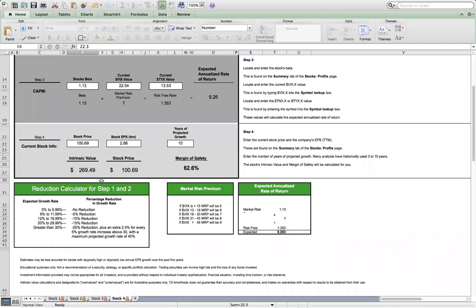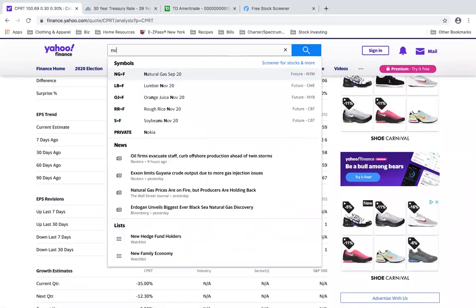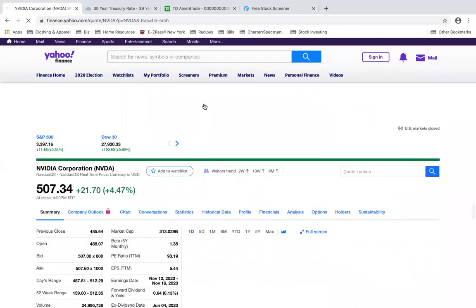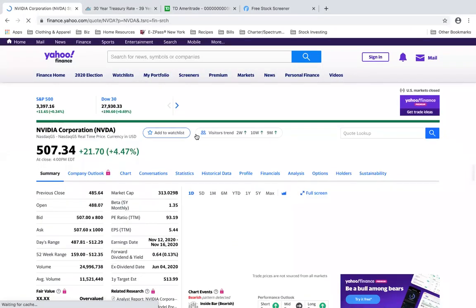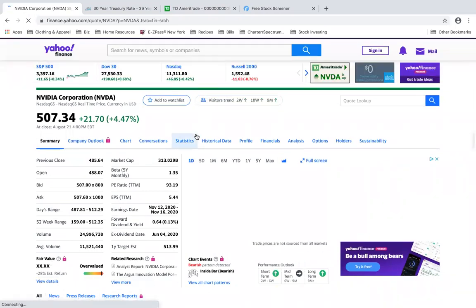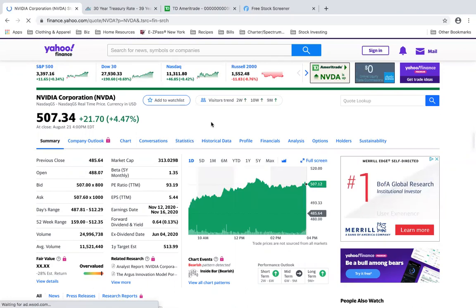And can you do NVDA? There was another question while you're looking that up. What margin of safety percent would you want to stay above? Me personally, I hear a lot of people say 25 to 50%.